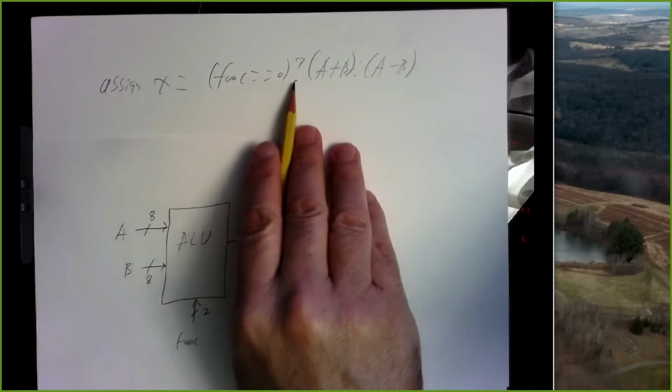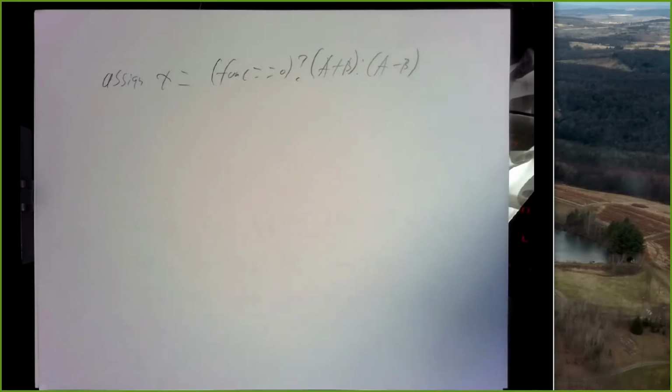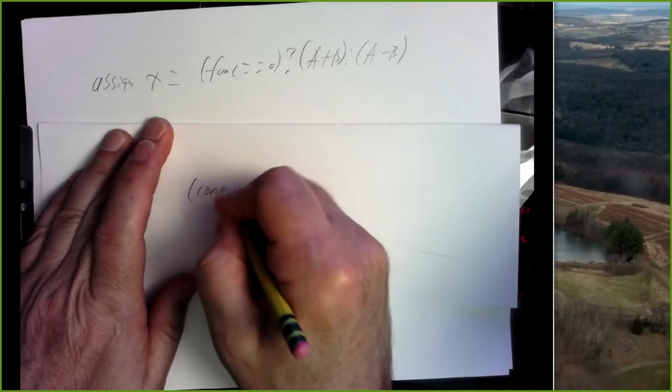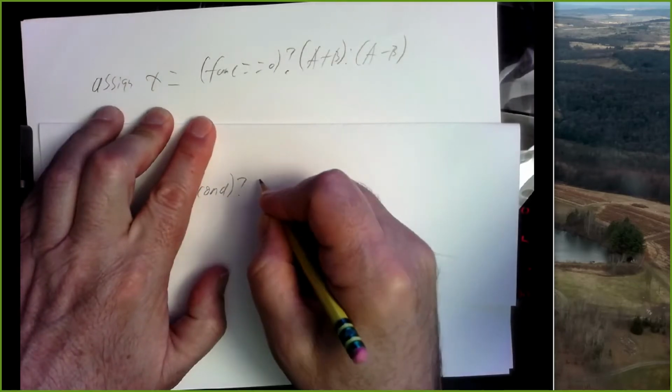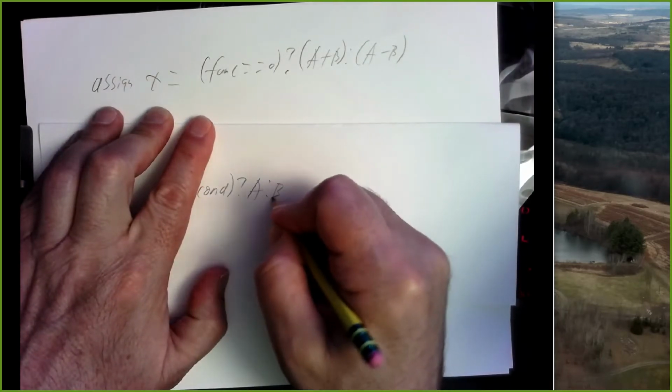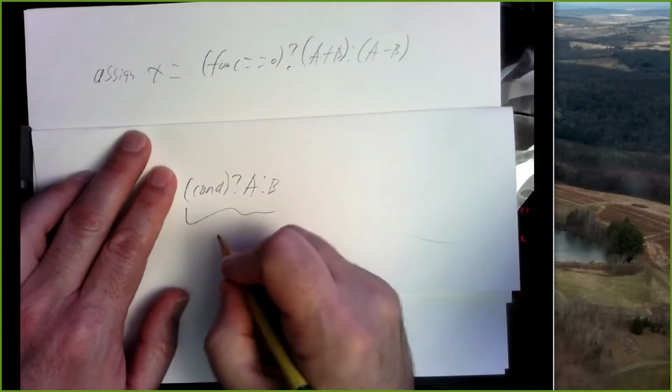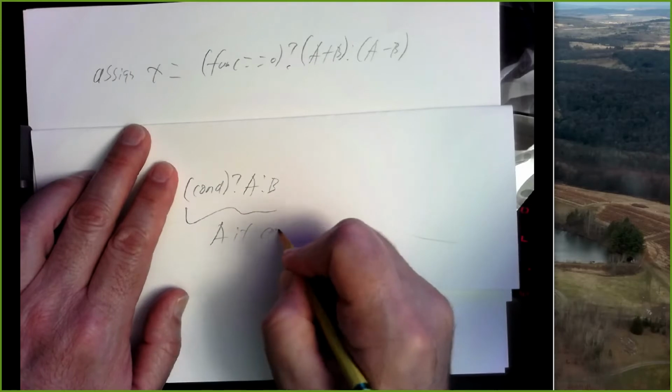And so this question mark operator in general, if you say something like some condition, question mark, something, colon, something, this is equivalent to A if your condition is true.